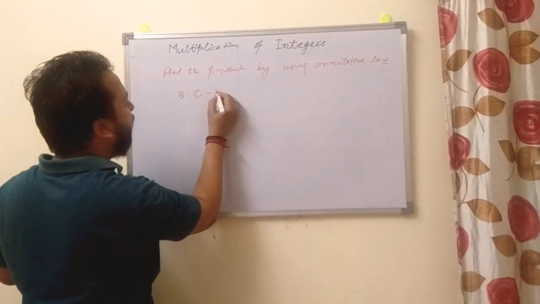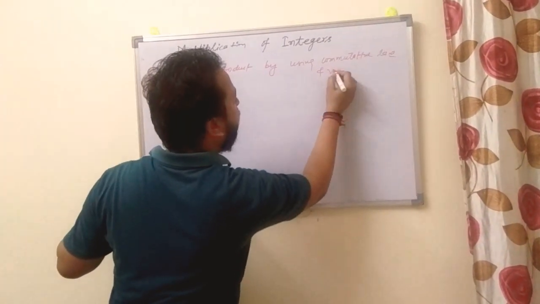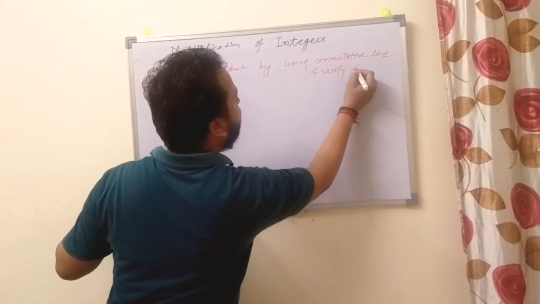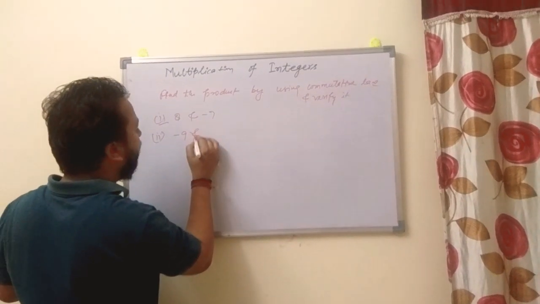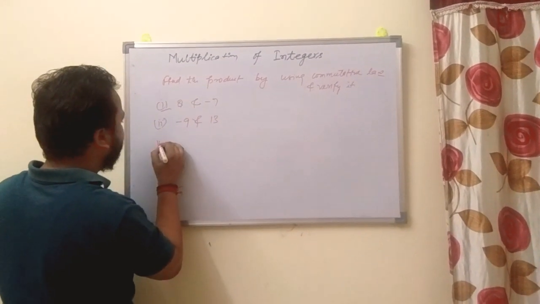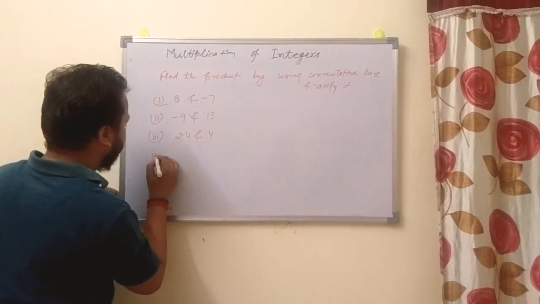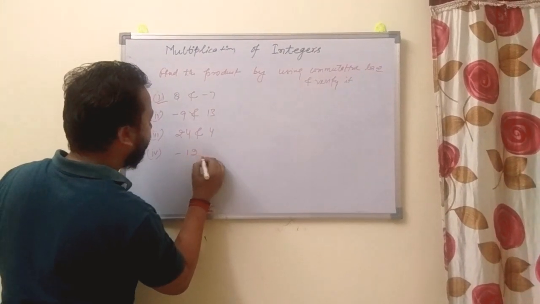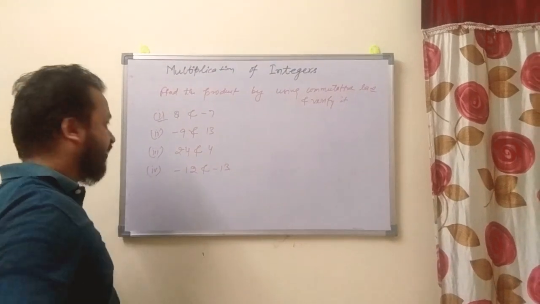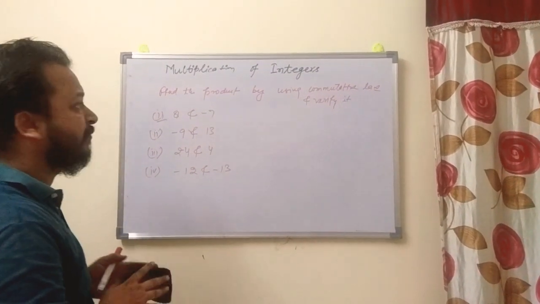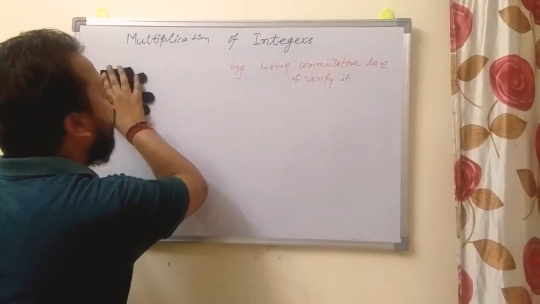First, 8 and minus 7, second, and verify, minus 9 and 13, third, 24 and 4, fourth, minus 12 and minus 13. So solve it and send me the solution. Now come to the third property, that is associative property.